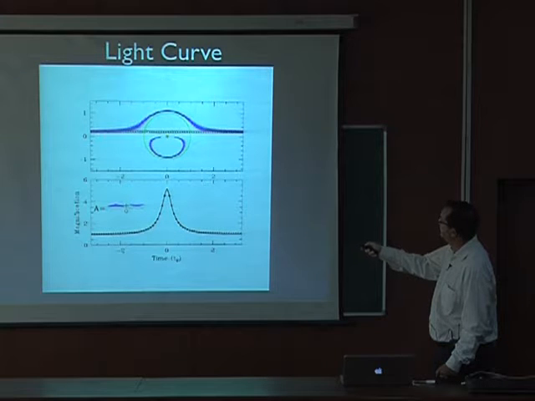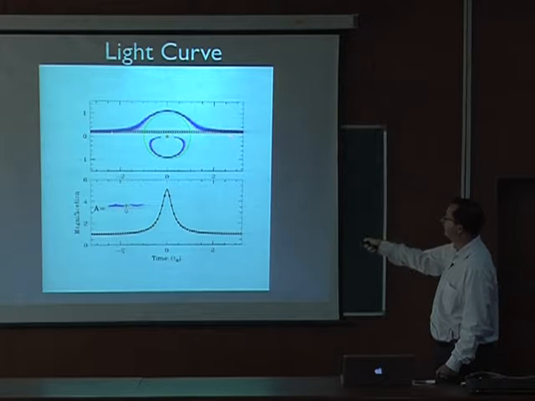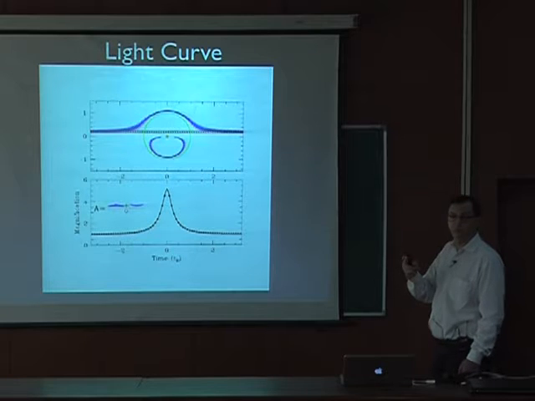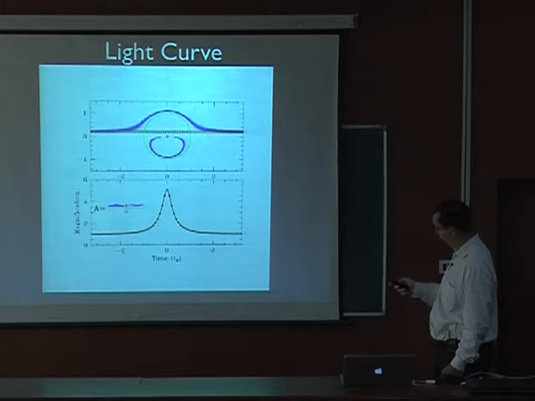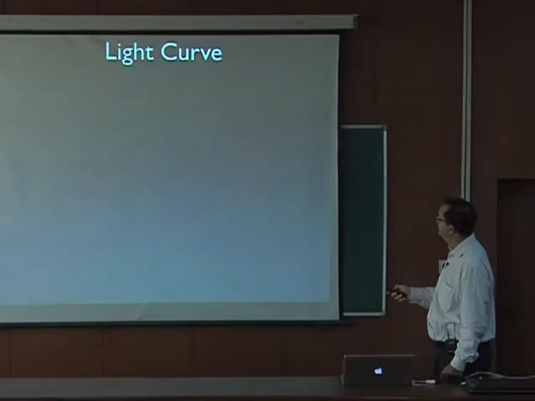So the red is the position of the source if it were not lensed. So this is the position of the source with respect to the lens. Okay. That's the Einstein radius of the lens. And then in blue, it's the two images. Remember, we get two images for a point-like mass. So we get one image here, another image here.